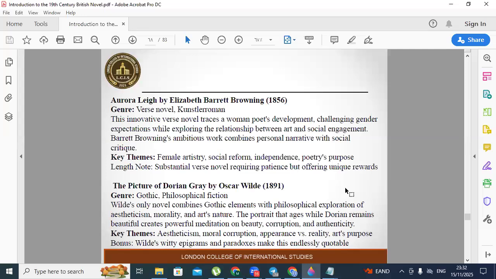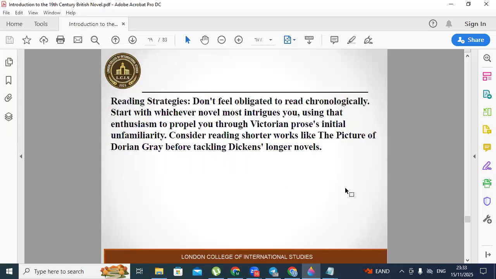The portrait that ages while Dorian remains beautiful creates a powerful meditation on beauty, corruption, and authenticity. Key themes: aestheticism, moral corruption, appearance versus reality, art's purpose. Bonus: Wilde's witty epigrams and paradoxes make this endlessly quotable.